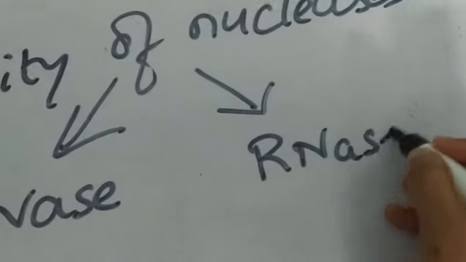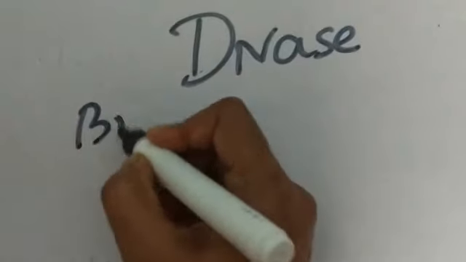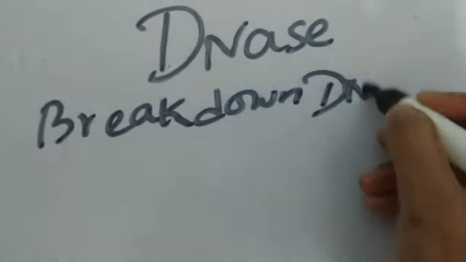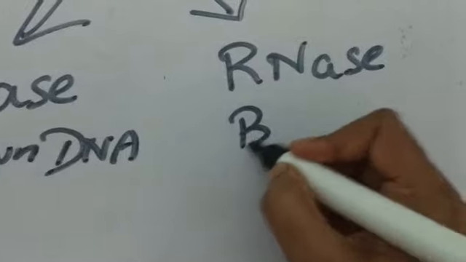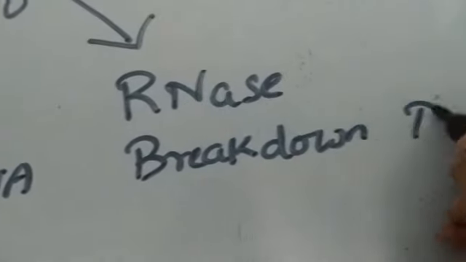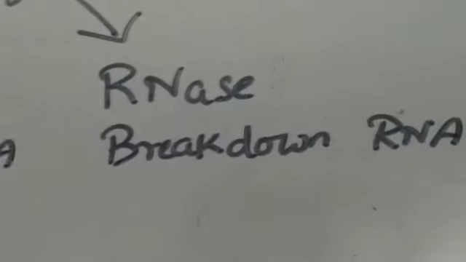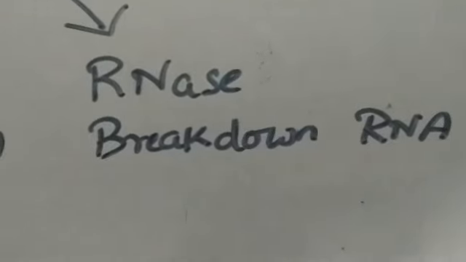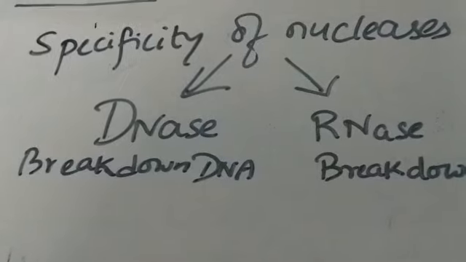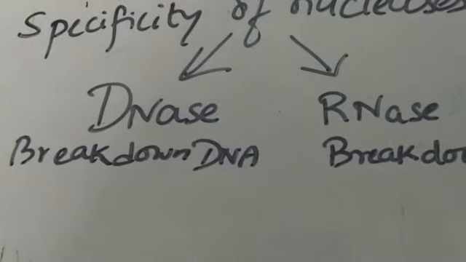The names are very clearly telling you what they are. DNases break down DNA. RNases break down RNA. Or they cut: DNases cut DNA, RNases cut RNA. So depending on which molecule we want to cut, we can select either DNase or RNase.